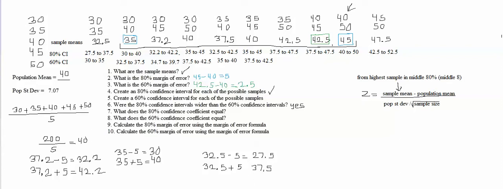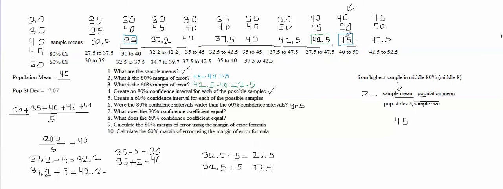So we take 45, the sample mean that we have to use to get the confidence coefficient. We can't just calculate the confidence coefficient with any sample.